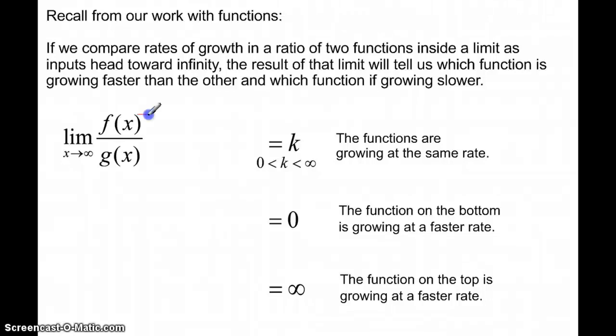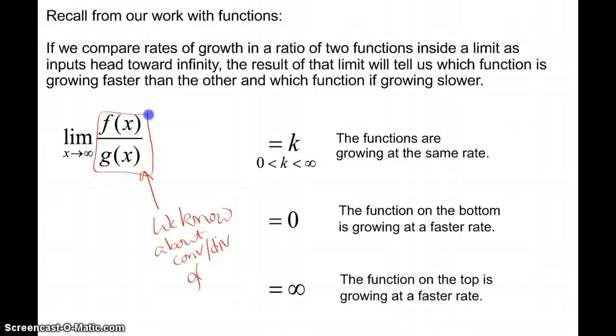When we put our two functions in a ratio, always making sure that we know about convergence or divergence on the denominator function, we know about convergence or divergence for g of x. And so knowing that, depending on which of these three results that we got out of that ratio inside that limit, it could tell us what was happening to convergence and divergence on our unknown function.